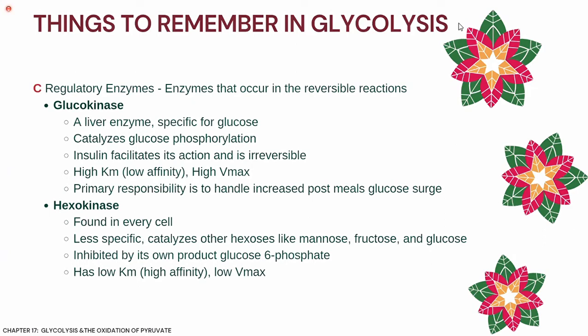When we say high Km, low Km, high Km for glucokinase, high Km for glucose, that would require about 10 millimoles of glucose, while hexokinase is 0.1 millimoles. So that's a big contrast from 10 to 0.1.